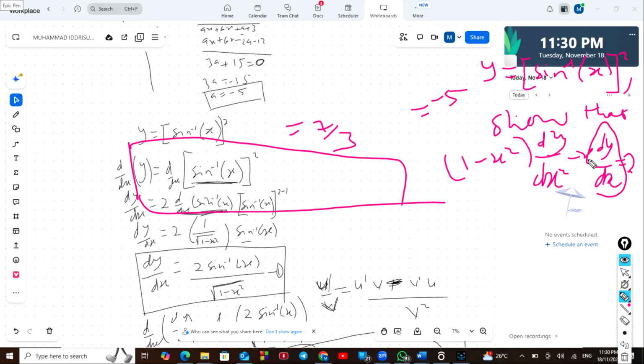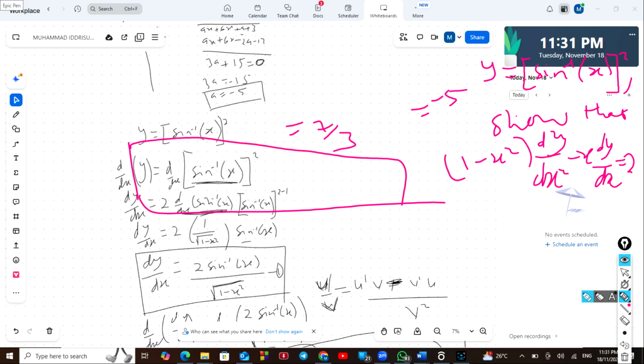We need dy dx. So if we need dy dx, maybe something in our dy dx, something in our d square y dx square is in this thing. We can substitute something from dy dx to the d square y dx square.